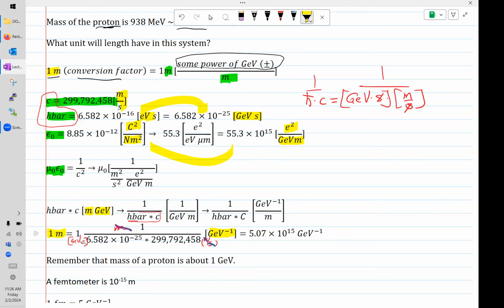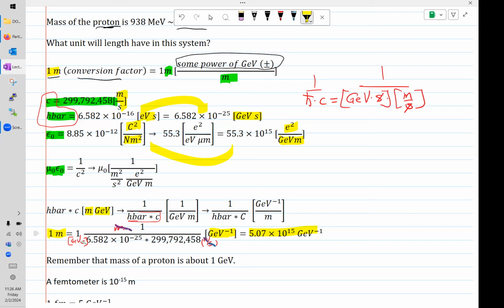So you multiply all that, well, you're multiplying by 1. So 1 meter is actually equal to about 5 times 10 to the 15 giga electron volts to the minus 1 power. So length has a unit of giga electron volts to the minus 1. Power as in the exponent, not energy.